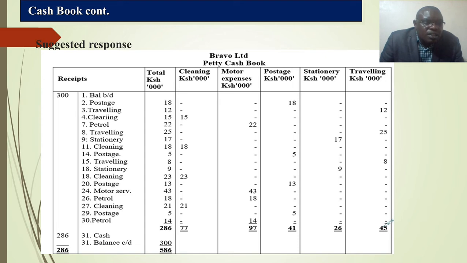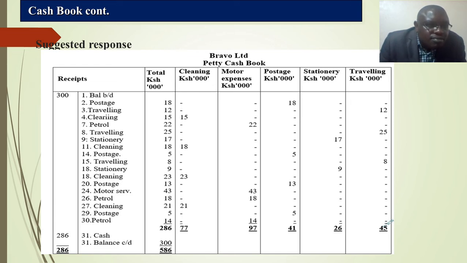Date 18, again, we have cleaning. So we go to the column headed cleaning, we record 23,000, we come back to the total, we record 23,000. Date 20, we have postage. So you go to the column headed by postage, you record 13,000, you come to the total column, you record 13,000.